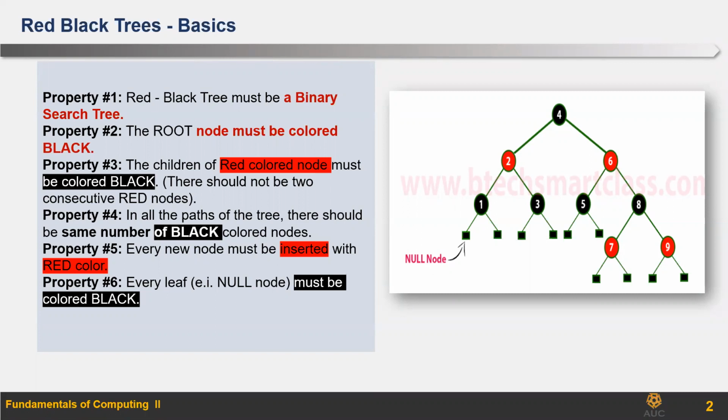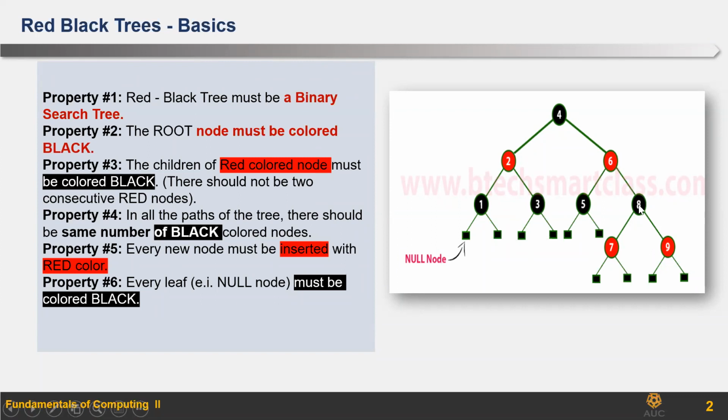One very important principle related to insertion is that I cannot have two adjacent red nodes together. So this is a red node and this is a black node. I cannot have this black node as red, and I cannot have this black node as red. Adjacent nodes, meaning connected to each other, cannot both be red.